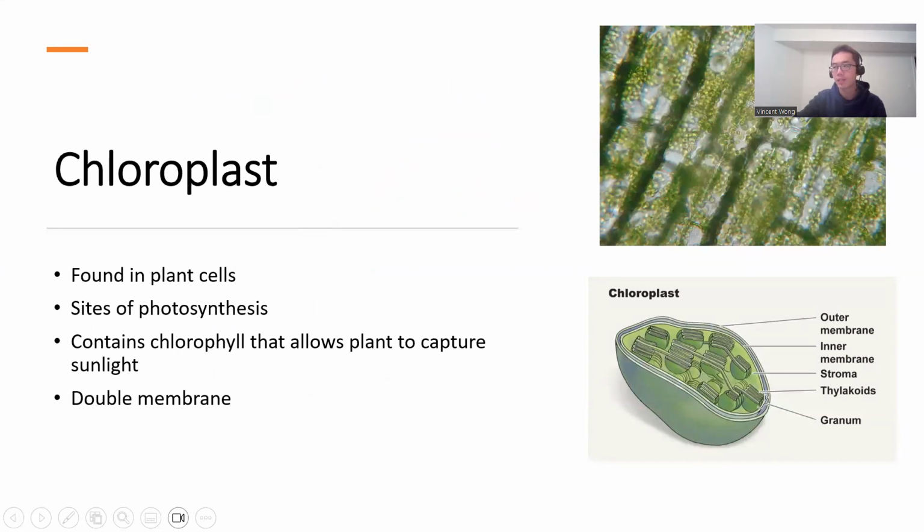All right, next we have this thing called the chloroplast. Chloroplasts are found in plant cells, but not animal cells. It's possible to find chloroplasts in other cells as well. You guys know it's not just animal cells and plant cells, right?